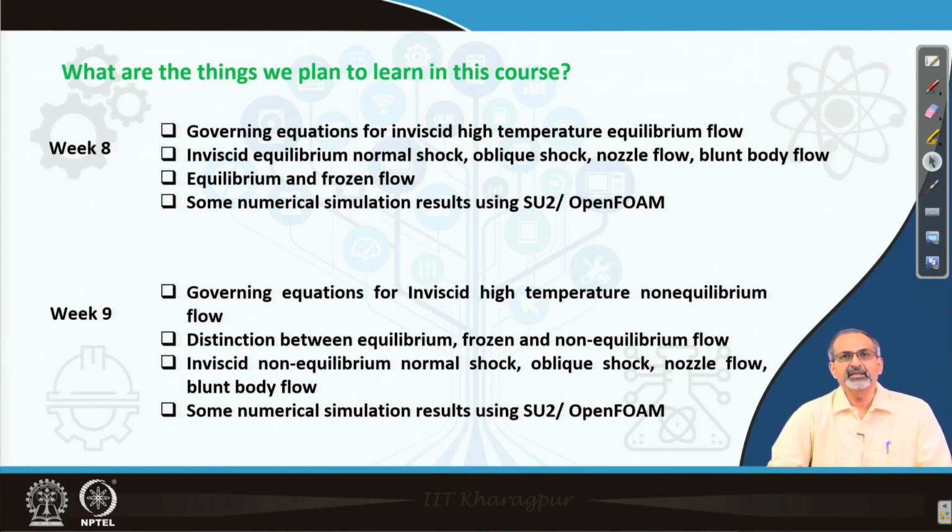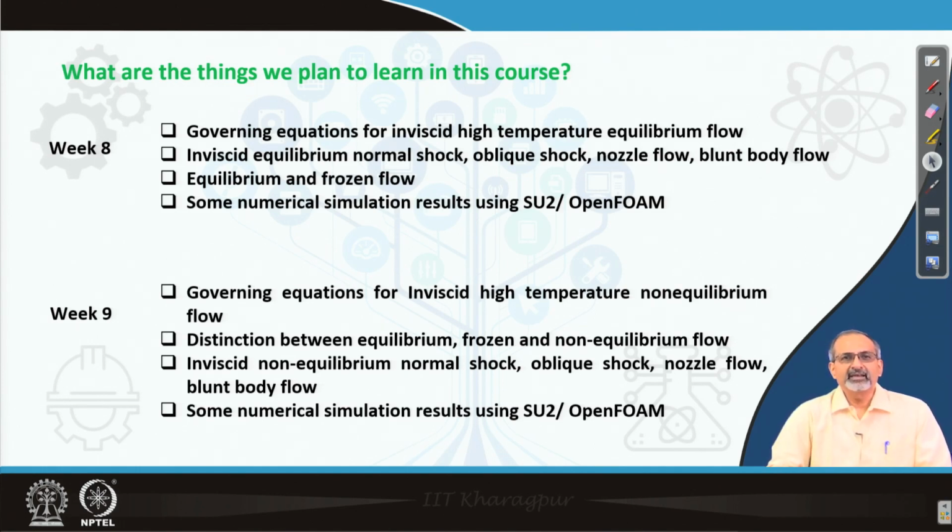So, we are specifically mentioning high temperature, we are specifically mentioning about equilibrium flow. So, there may be more implications to account for. Inviscid equilibrium, normal shock, oblique shock, nozzle flow, blunt body flow, these are going to be briefly discussed.